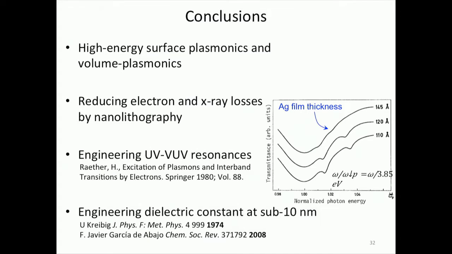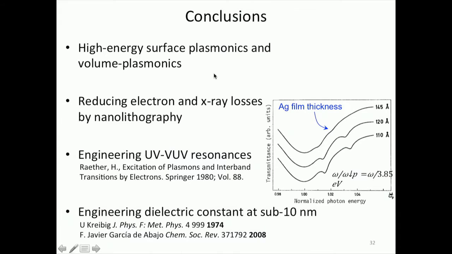So to conclude, here we show a way, by using high resolution patterning, to extend surface plasmons to high energy. So we show some high energy surface plasmonics. And we also show some lithographic control of volume plasmons. That will be maybe one first step towards volume plasmonics.